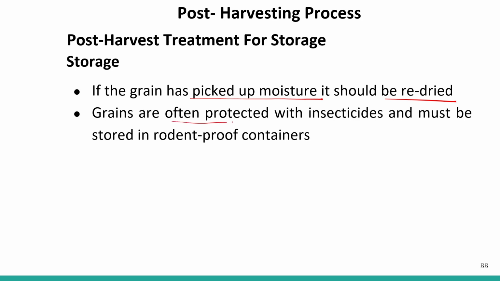The grains are often protected with insecticide and must be stored in a rodent-proof container. Very, very important. At the time of storage, we can get harm from insects. Some insects can come and damage those stored seeds. So we can use insecticides, and the container should also be rodent proof.